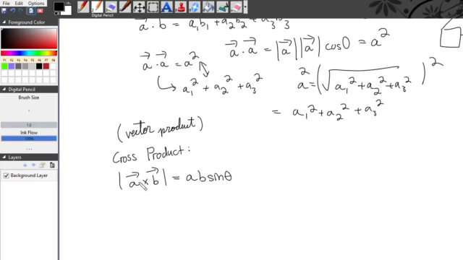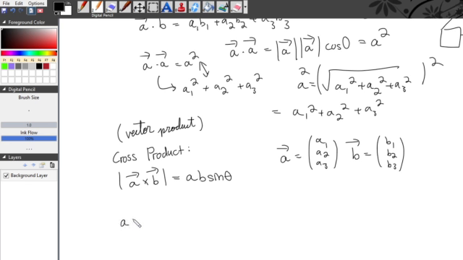Okay, back to cross product. So this is the magnitude. Cross product is a bit more tricky. I just memorize it using the 3x3 matrix thing. Let's say A is once again A sub 1, A sub 2, A sub 3, and B is once again B sub 1, B sub 2, B sub 3.